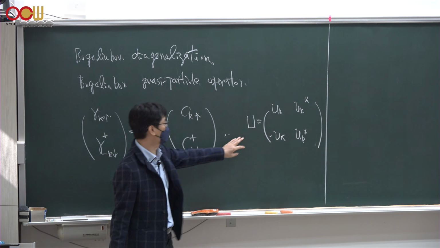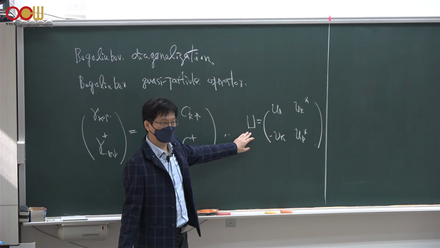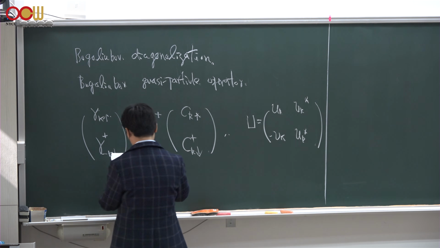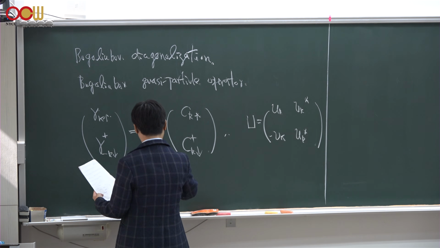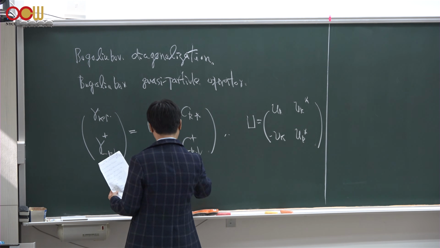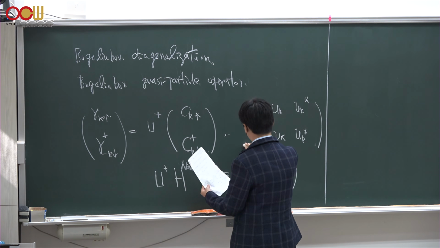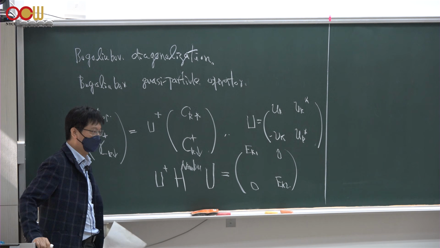Suppose there exists such a unitary matrix U, a 2 by 2 matrix, and you can show that U dagger H Nambu times U is diagonalized. It is as simple as that.